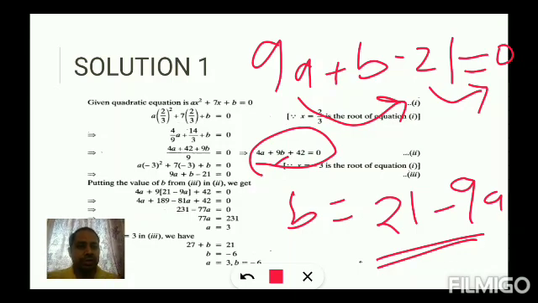So this equation can be written as 4a as it is, and at the place of b we have to substitute 21 minus 9a, plus 42 as it is equals 0. And if you simplify, you will get the value of a as 3. Got it?